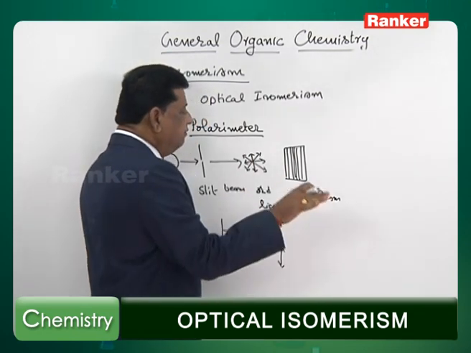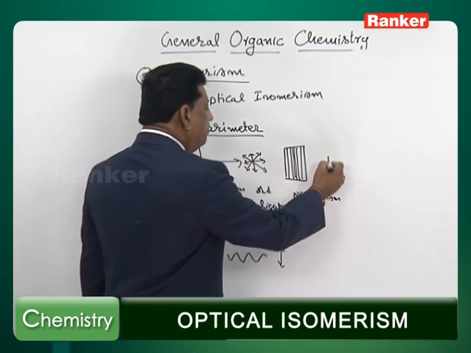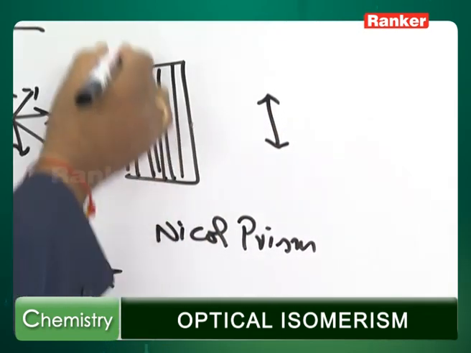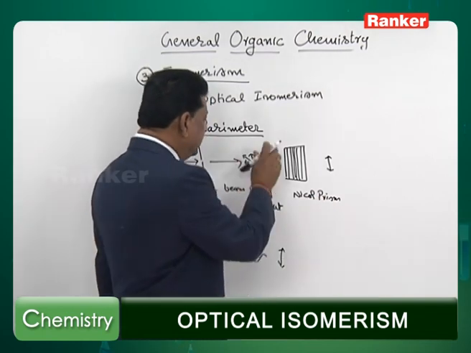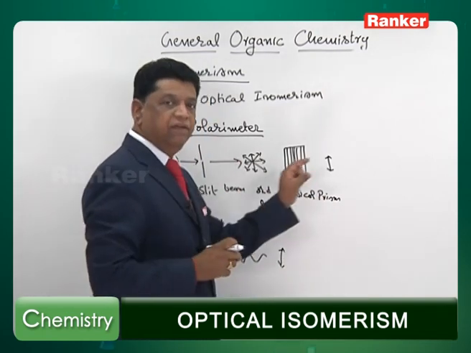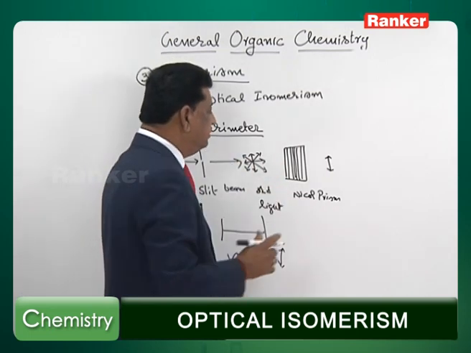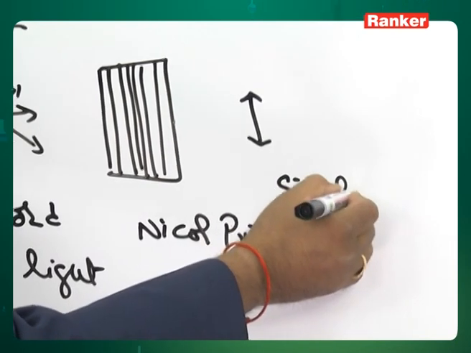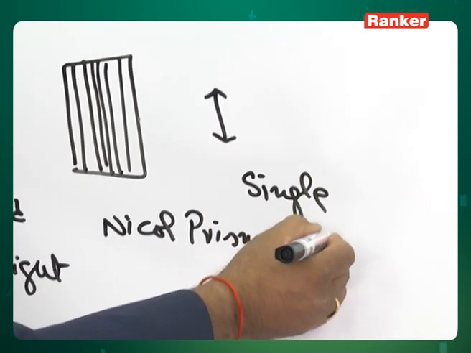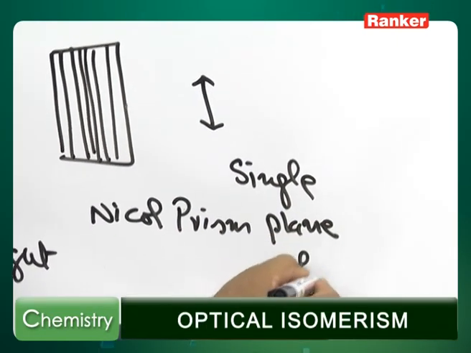Therefore, the other waves will be cut off. Only one wave which is parallel to this window grills will come out. This is cutting all the waves and only one wave is allowed. This wave is called single plane polarized light.